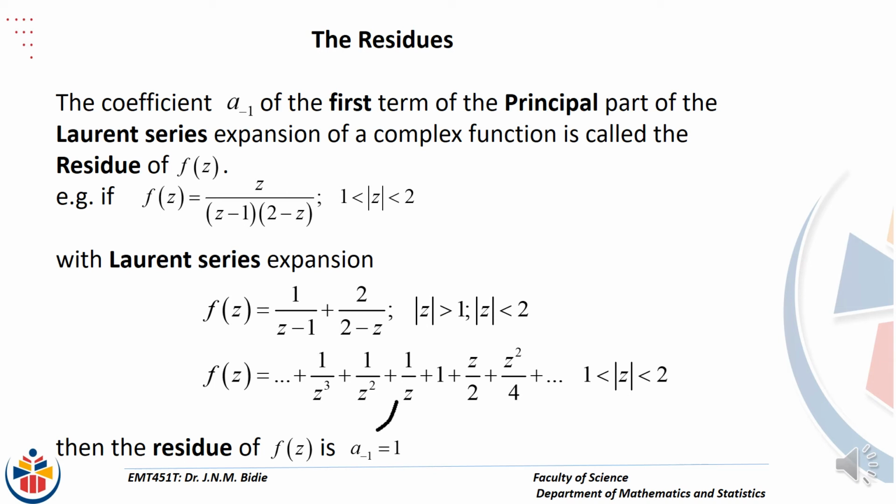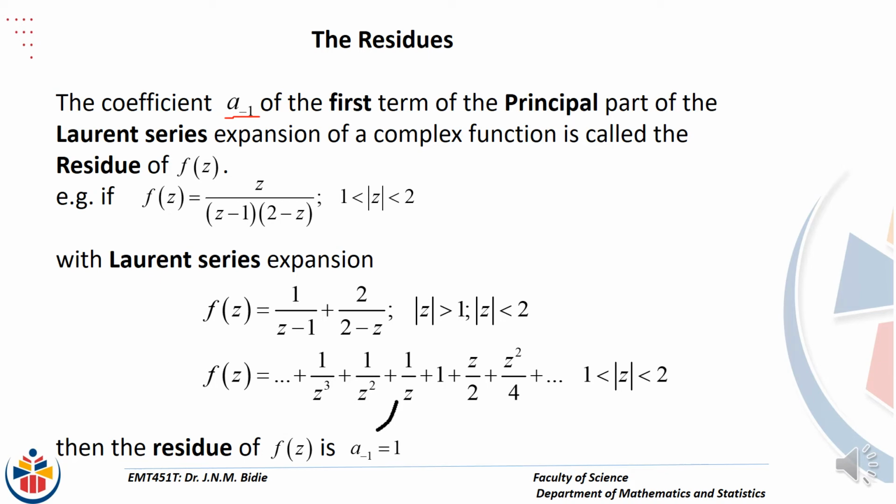Then we go to residues. When you have a Laurent series expansion of an analytic function, then the first term of the principal part has coefficient a negative 1.